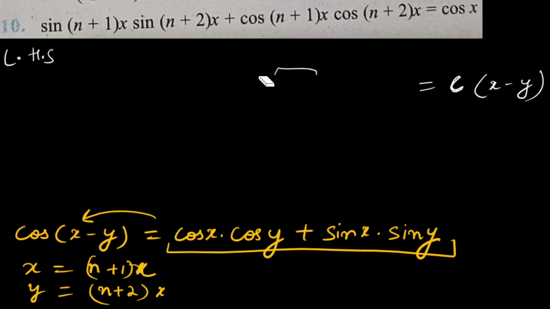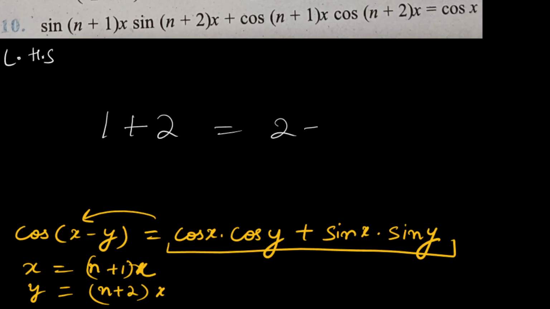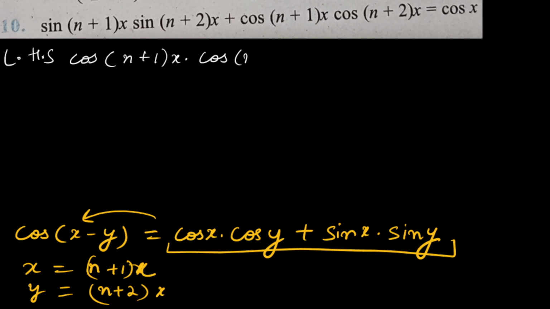First of all, I'll do the rearrangement, because plus is always commutative. 1 plus 2 I can also write as 2 plus 1; it will not make any difference here. In the same way, sine into sine plus cos into cos, because of this positive sign, I can write it as cos (n plus 1)x into cos (n plus 2)x plus sin (n plus 1)x into sin (n plus 2)x.